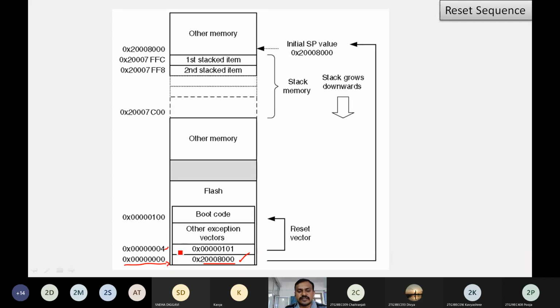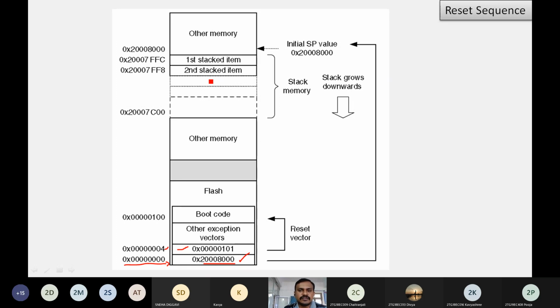In the 4th address, there is another address, and it is going to mention where the code memory is. In the complete memory structure, where this stack memory is allocated, where the code memory is allocated, where the interrupt memory is allocated, and all those things, that is the segmentation of the memory.